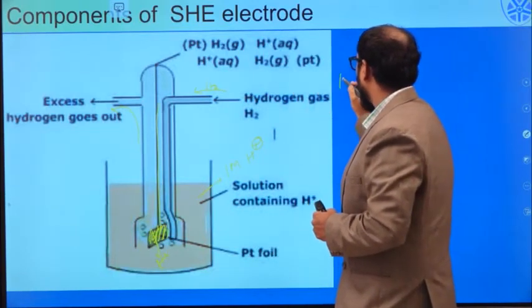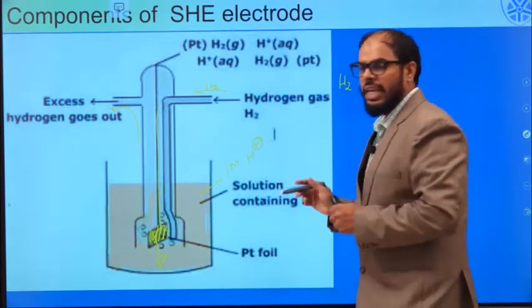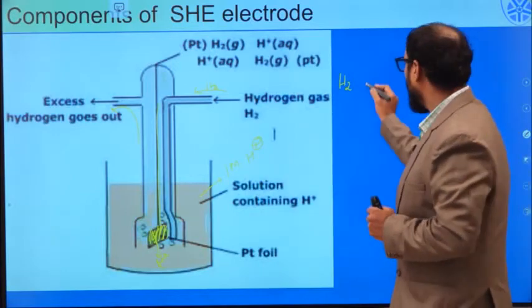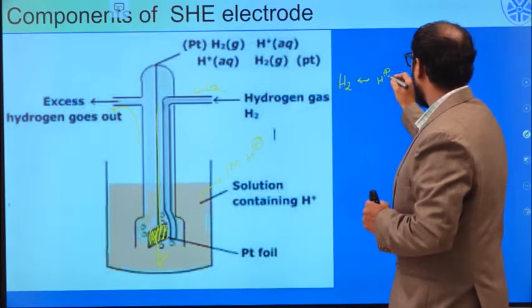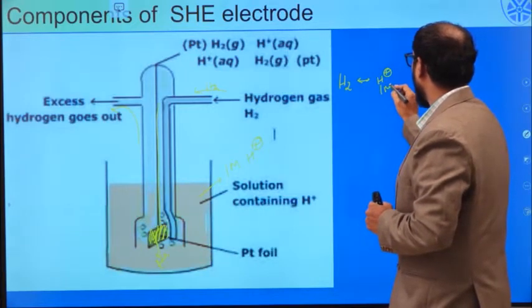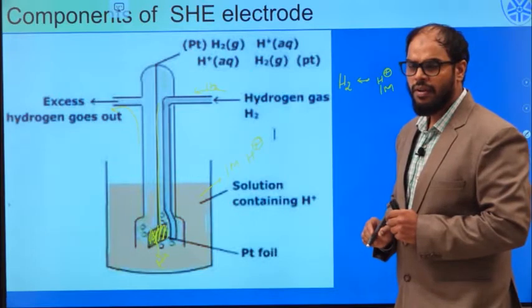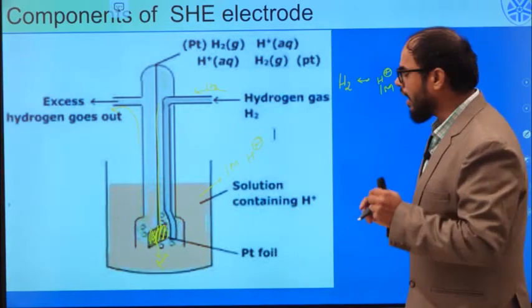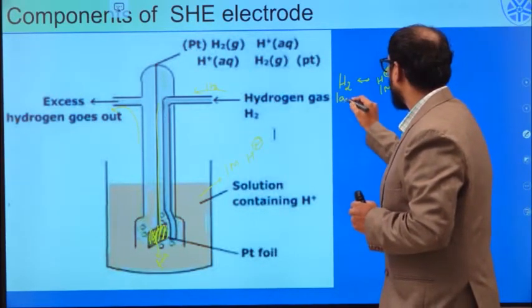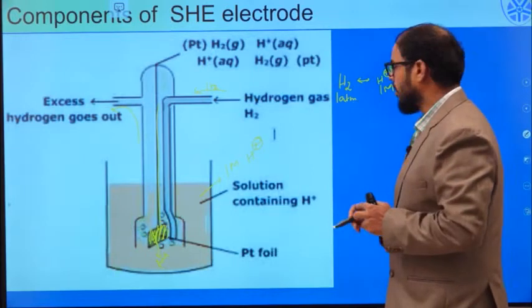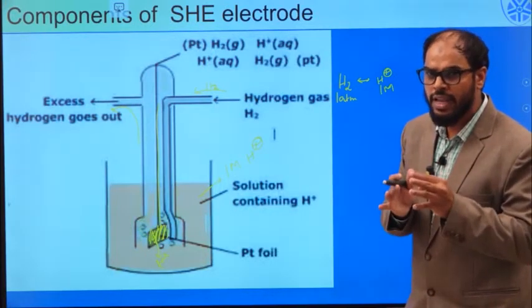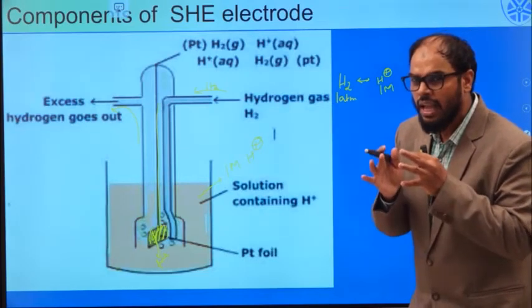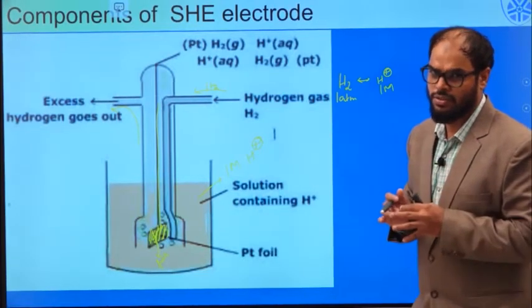This hydrogen gas is in equilibrium with the H plus ions maintained at 1 molar concentration, and the pressure of the hydrogen gas is 1 atmosphere. So, this 1 atmosphere pressure hydrogen gas is in equilibrium with the 1 molar H plus ions.